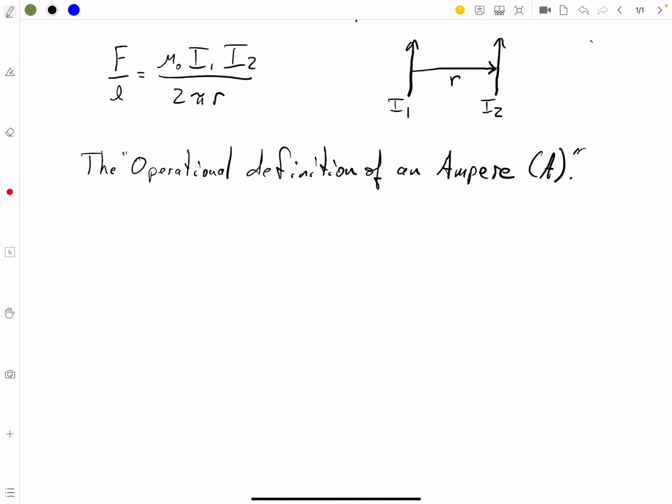So this is the operational definition of an amp. Okay, it's based on this very thing. So if we set r equal to exactly 1 meter, and we say that the current is equal to 1 amp, that's I1 and I2.